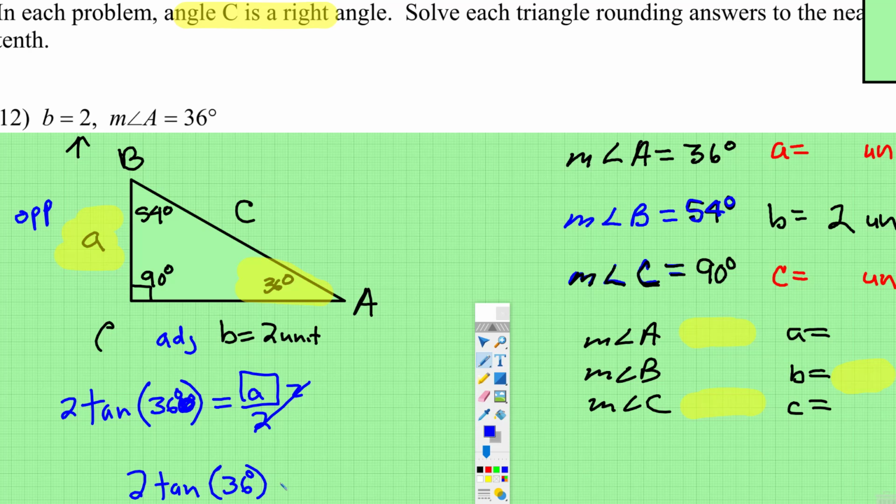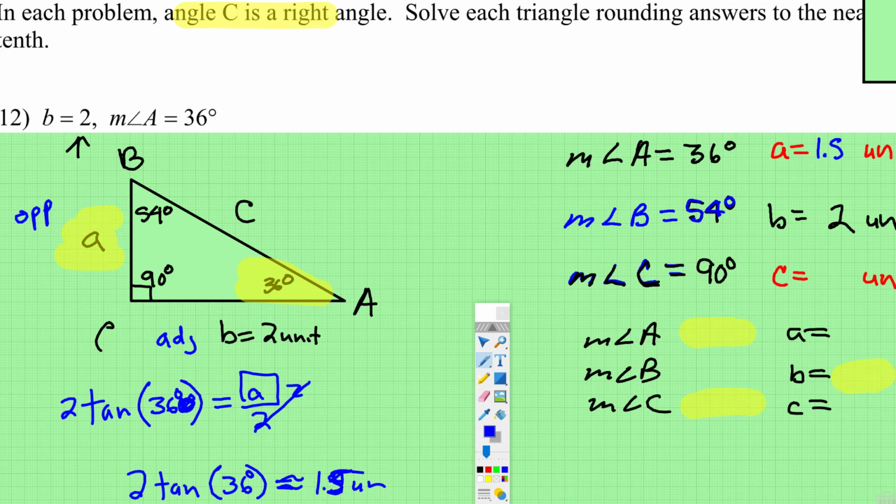Make sure your calculator is in degree mode, and then hit enter, and you get about 1.5 after rounding to the nearest tenth. So side A is 1.5 units.